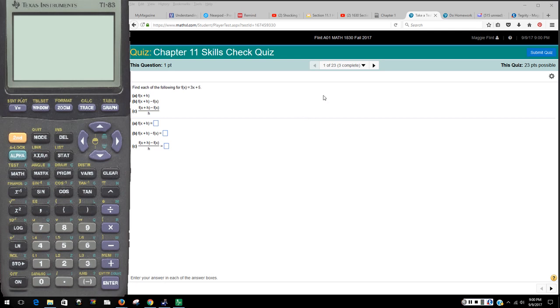I have open in front of me here the Chapter 11 Skills Check quiz. And we're going to have the function in this problem, f of x is equal to 3x plus 5. And we're going to need to find three different things.